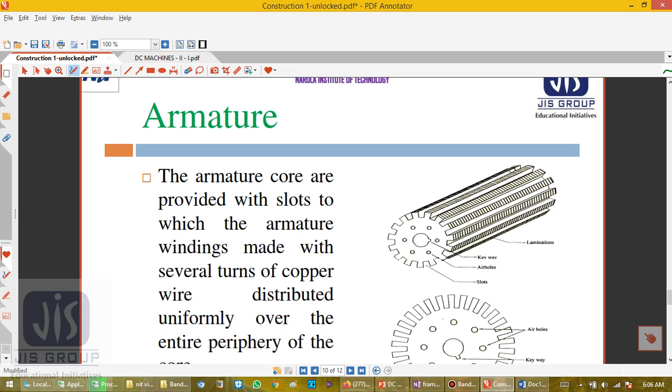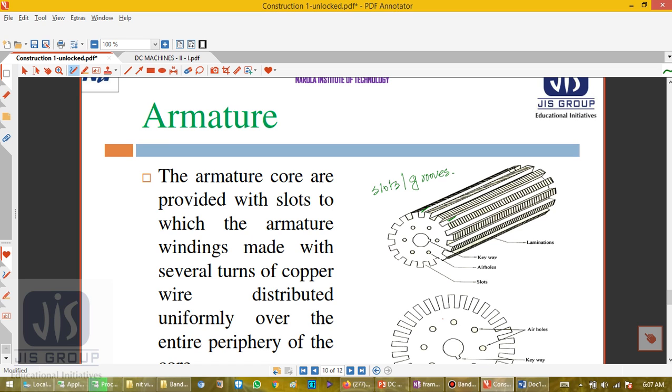The armature consists of a shaft upon which a laminated cylinder called the armature core is mounted. This armature core has grooves or slots on its outer surface. If you see, this is the armature and these are the slots, the grooves.